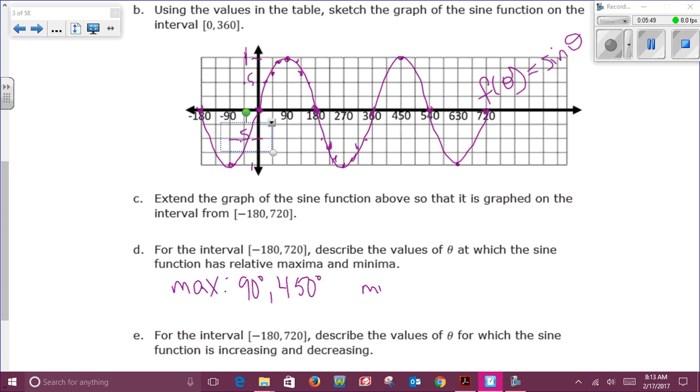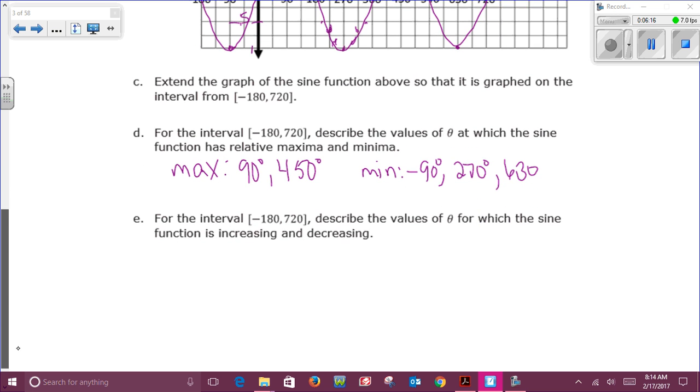And our minimums are at negative 90 and 270 and 630. And if you notice, our maximums are 360 degrees apart, and all of our minimums are also 360 degrees apart, because those are coterminal angles.